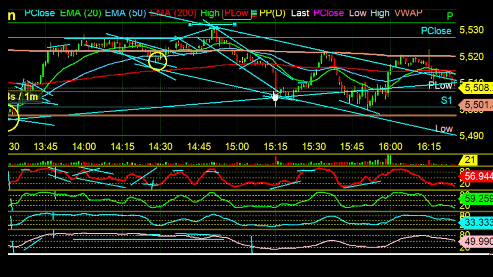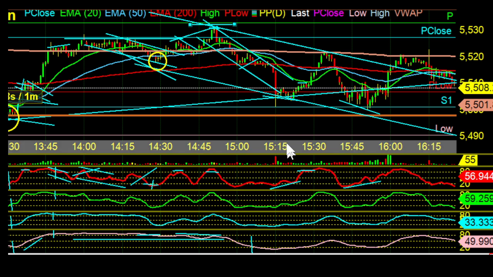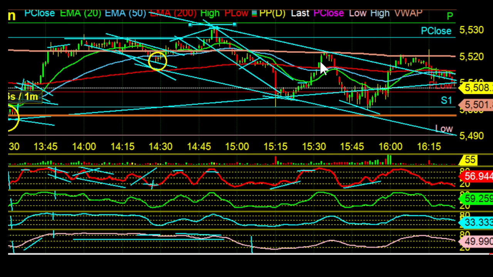But that closing price, you can see that closing price here. And then you can see these candles, not counting this one candle, made these lower lows right here. And this made a higher low. So this was a nice closing price, what I call closing price divergence. And we nailed that. That was a nice divergence at a little after 3:15. And it popped up here and it went right up to the VWAP.